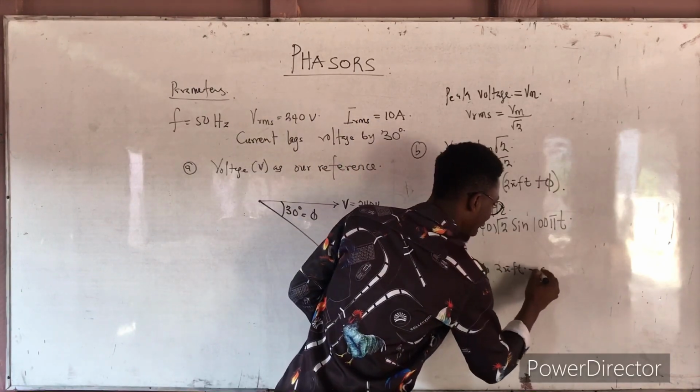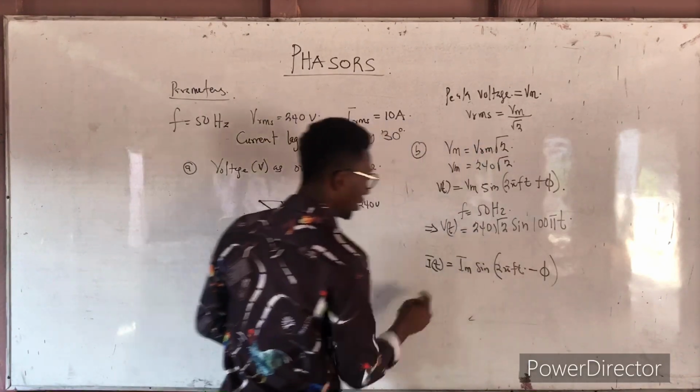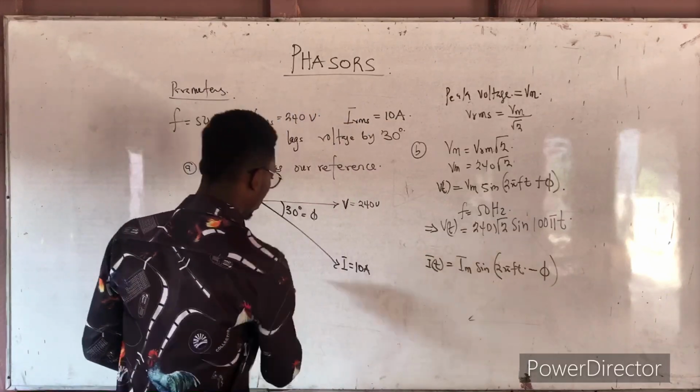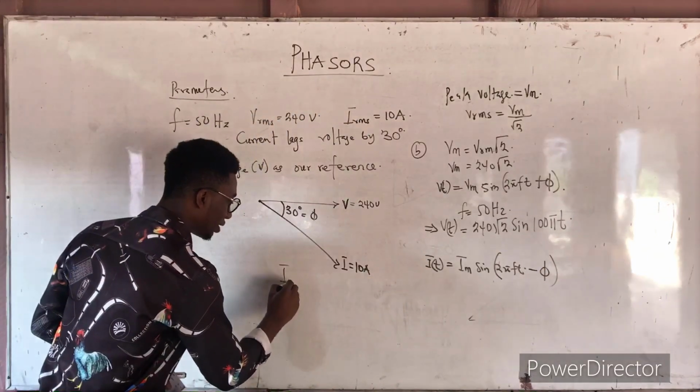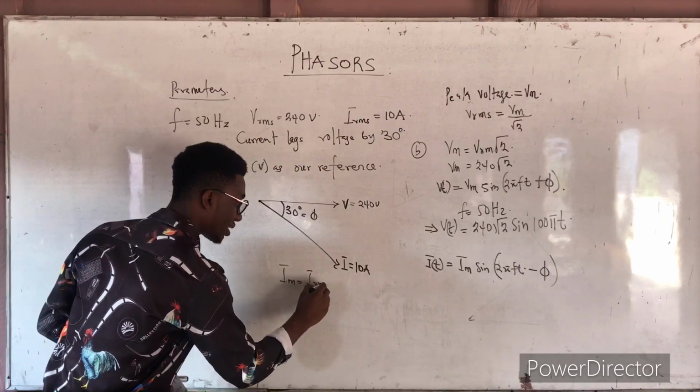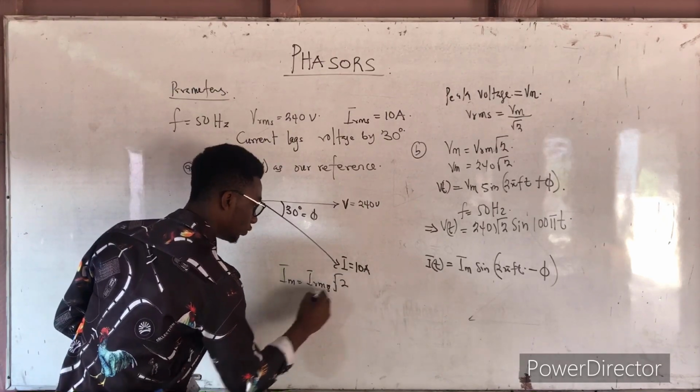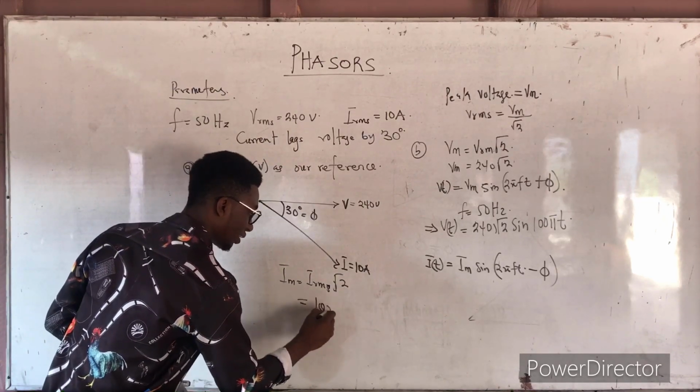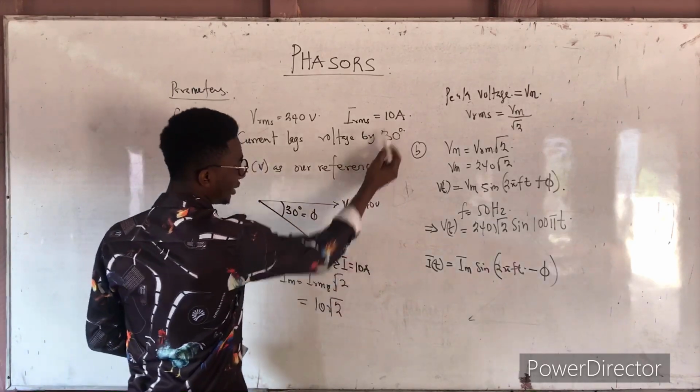Okay. So now let's find the Im here. The Im is simply equal to the IRMS root of 2, which is 10 root of 2. IRMS is 10 amperes.